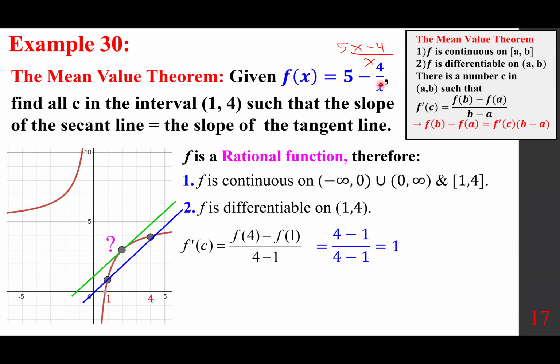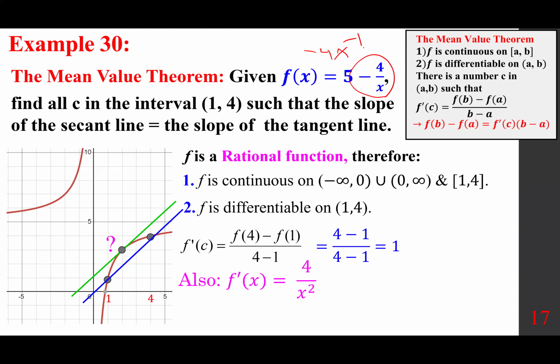And f prime, if I want to differentiate again, it's easier to deal with this. Let me erase this. So if I want to differentiate it, just this is easier. Minus 4x to the power of minus 1. And its derivative is minus 4 times -1, x to the power of -2, or 4 over x squared. And that's f prime of x.